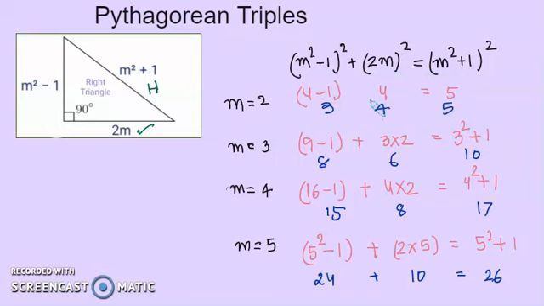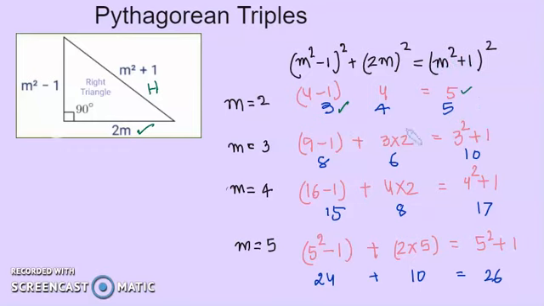With this series you can find many Pythagorean triples. If you take m equal to 2, m square minus 1, 2 square minus 1, that is 3; 2m, 2 times 2, that is 4; and m square plus 1, that is 2 square plus 1, that is 5.